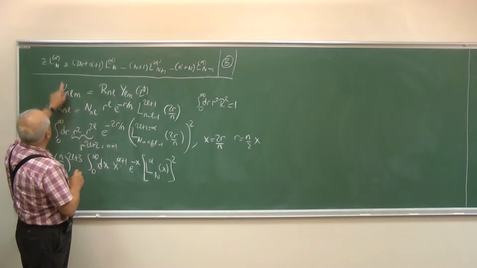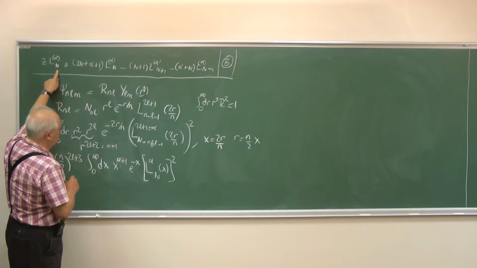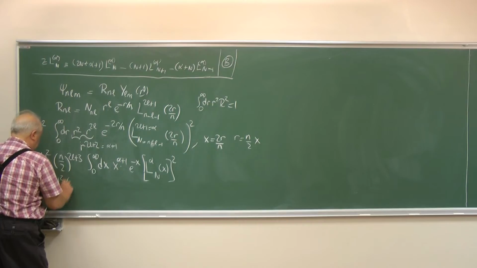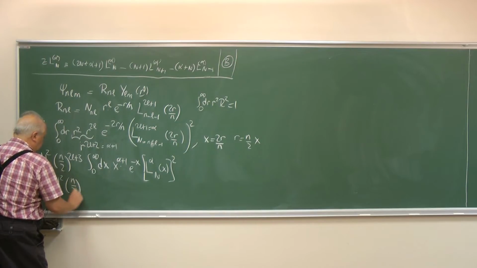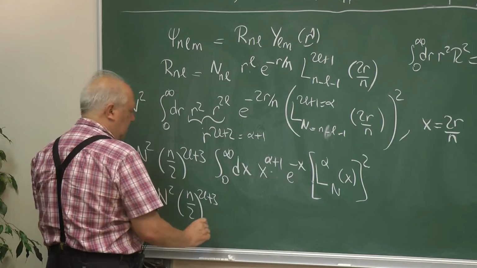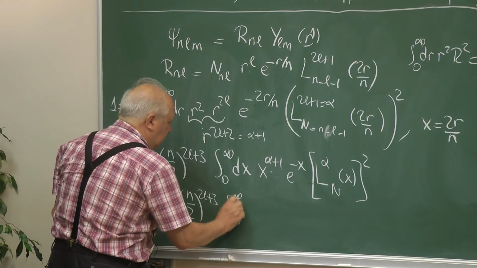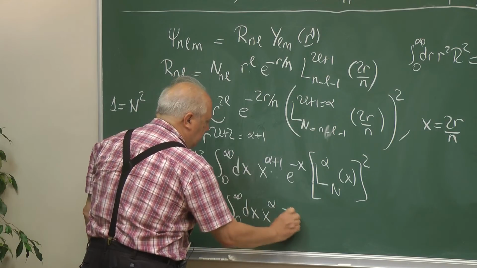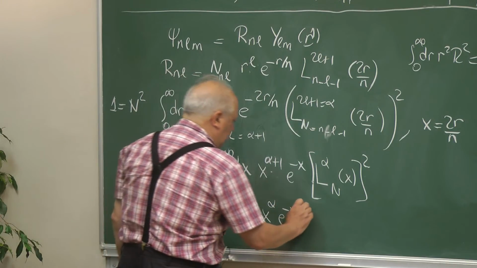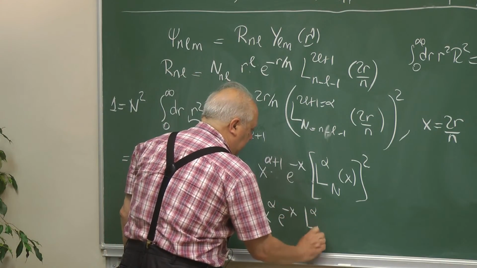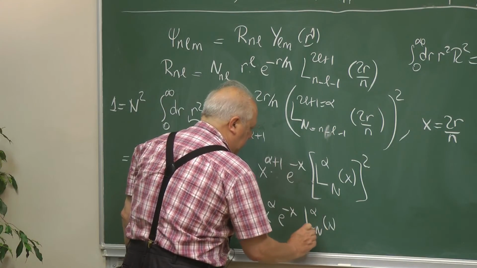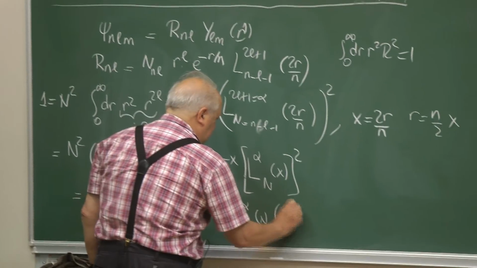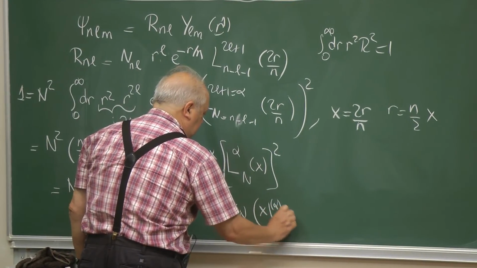Now we will use this recursion relation, because we will write this thing as N squared, n over 2 to the 2l plus 3, integral from 0 to infinity dx x to the alpha e to the minus x, one L_n^alpha of x, and the other one x L_n^alpha of x.